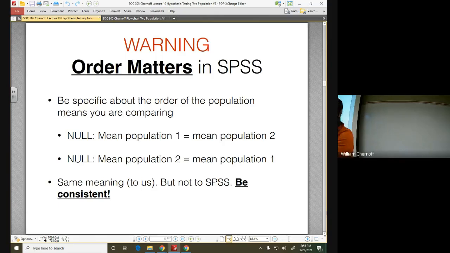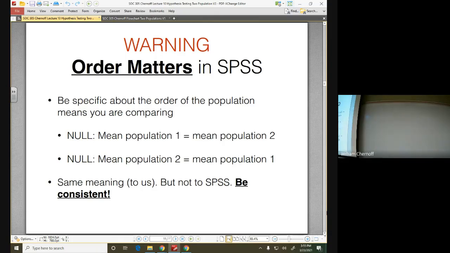Look at these two null hypotheses. You see how they're the same? How they're basically saying the same thing? If you read the first one from left to right, and then you read the second one from right to left, it's the same statement. Mean population 1 equals mean population 2, left to right.